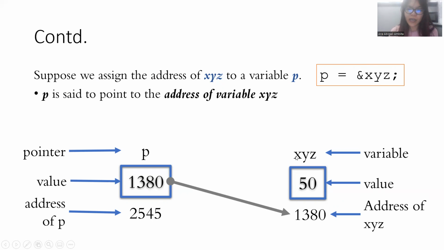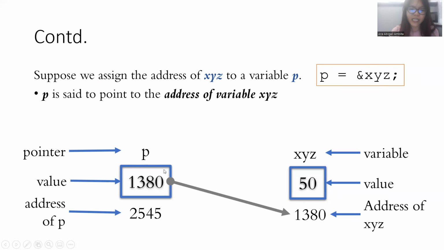Here's the illustration below. You have XYZ, your variable, and it is mapped to its address, which is 1380. And XYZ was assigned a value of 50 earlier. And then here comes the pointer P. We also declare another variable P, and as you can see, we have assigned the address of XYZ. So its content is the address of XYZ, which is 1380.